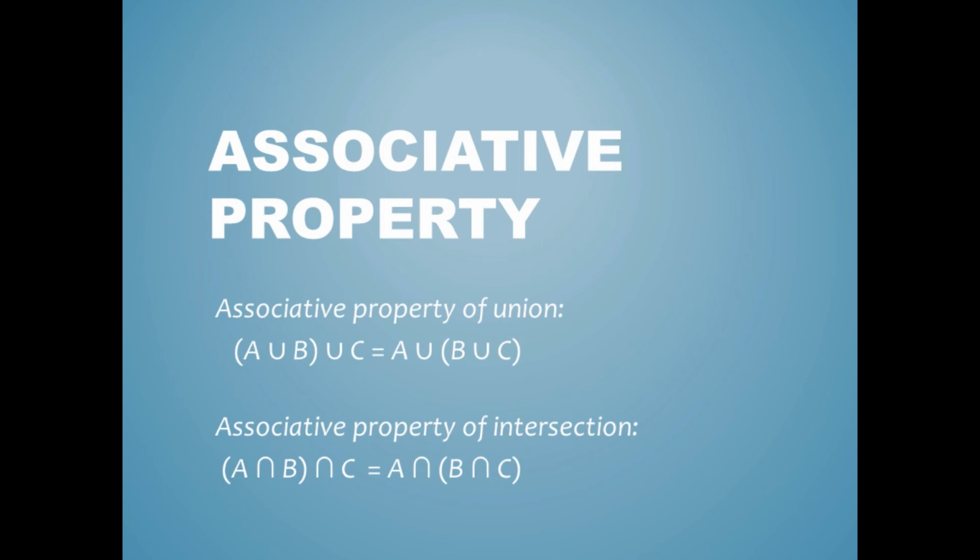It means if you place the bracket on the first two sets or on the last two sets, the answer will remain the same. The associative property of intersection is (A intersection B) intersection C, with the bracket on the first two sets, is equal to A intersection (B intersection C), with B intersection C in the bracket. The place of brackets is changed on the left-hand side and right-hand side, but the answer will be the same.